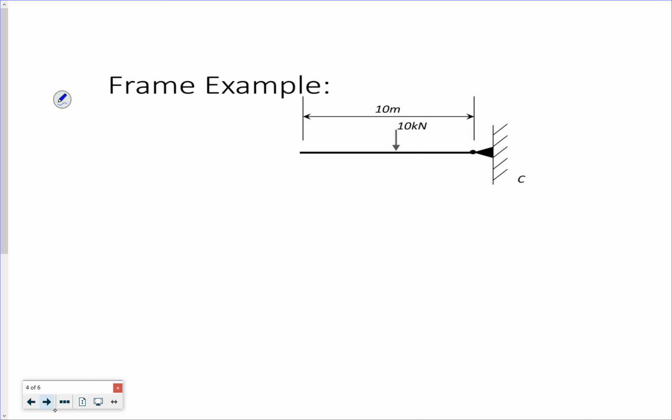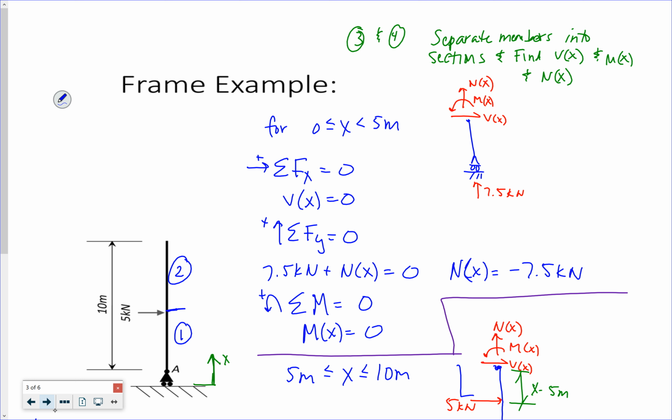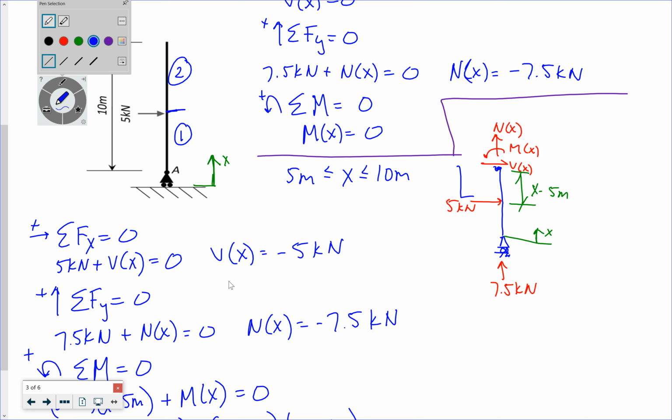Now let's look at my beam. Again, I'm going to break it up into 2. For completeness, let's put 7.5 kilonewtons right there.